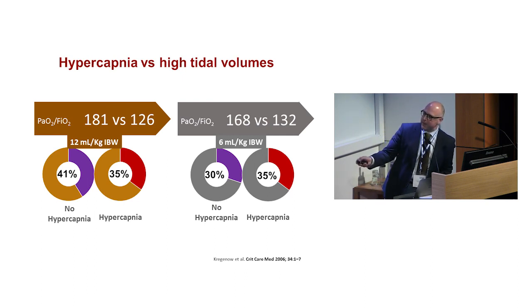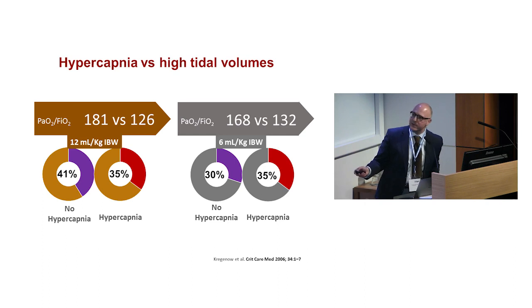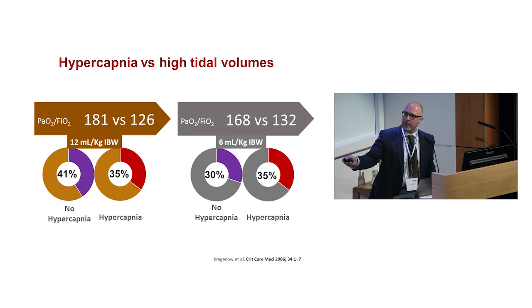And this is a study that was now 10 years ago, 11 years ago. And essentially, when you look at the study that Salvatore has presented earlier on, the 12 versus 6 milliliters per kilo, and you divide patients into hypercapnia and no hypercapnia, you can see that if you ventilate a patient really hard with 12 milliliters per kilogram of ideal body weight, leaving them hypercapnic reduces mortality.